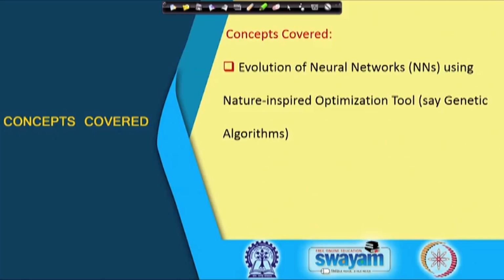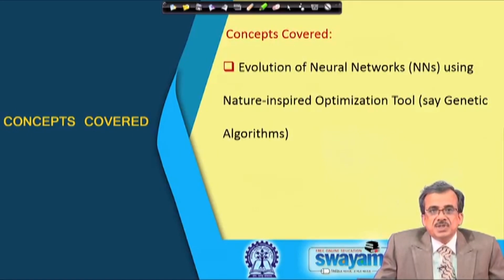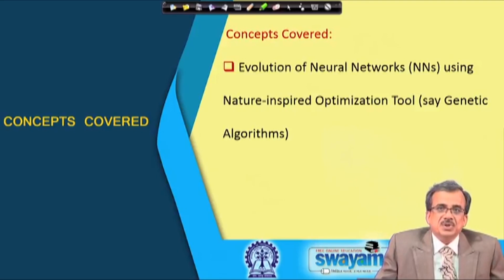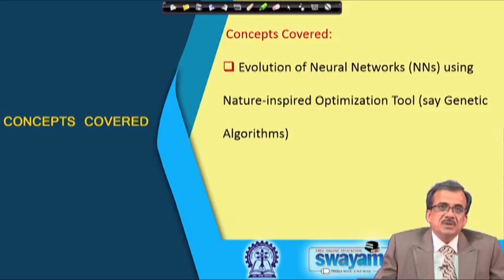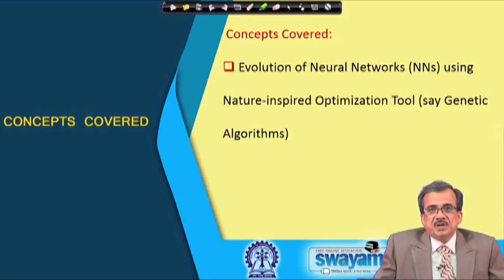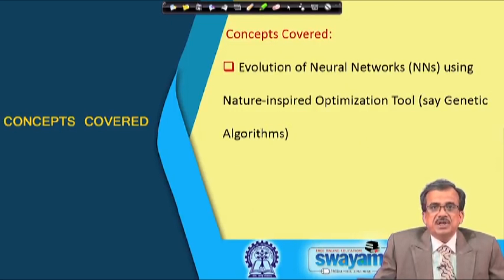So, the topic which I am going to discuss, let me repeat once again. We are going to discuss the principle of evolution of neural networks using a nature inspired optimization tool, say genetic algorithm, or in other words we are going to optimize the performance of this particular neural network using one nature inspired optimization tool, say genetic algorithm.